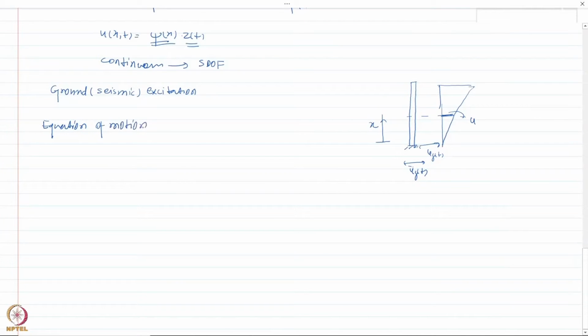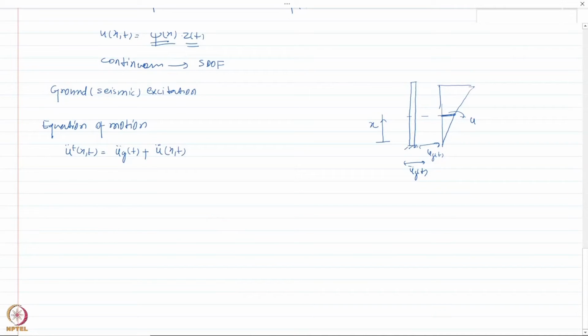I know that the total acceleration at any location in this structure, u_t(x,t), would be equal to the ground acceleration plus the relative acceleration of that point.